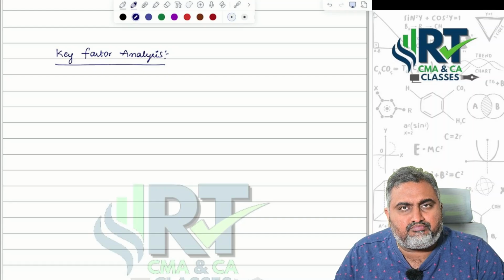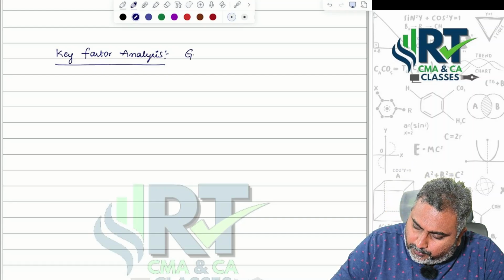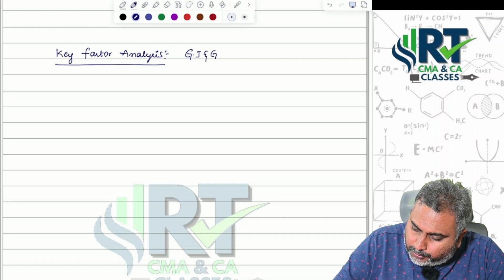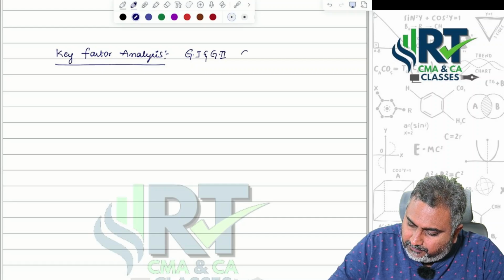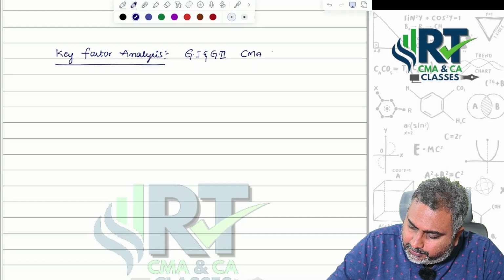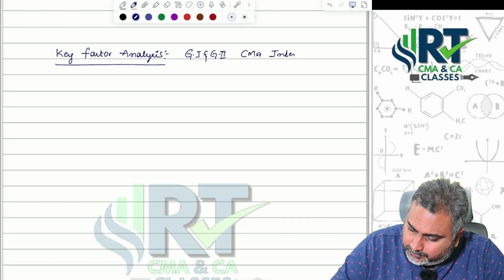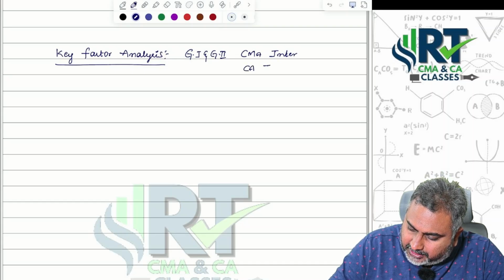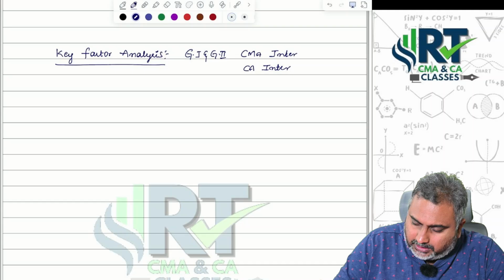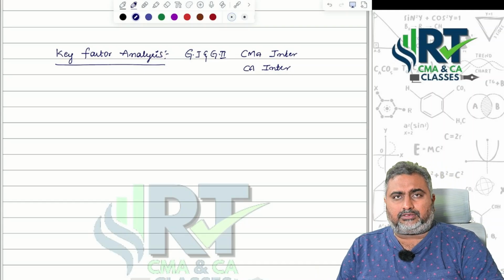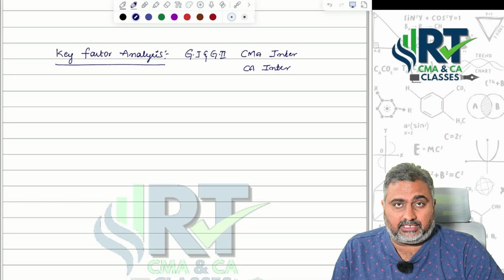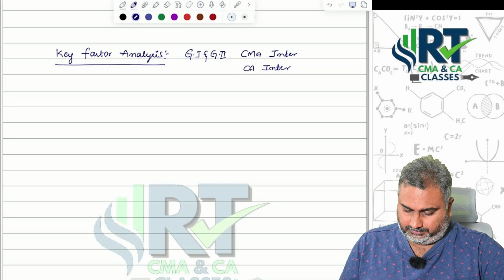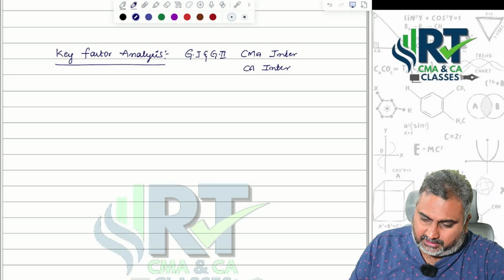This concept is important for both Group 1 and Group 2 from the CMA Inter point of view, as well as the CA Inter point of view also. Recently, even in CA Inter, they are raising questions based on this concept several times. So, what is meant by key factor?